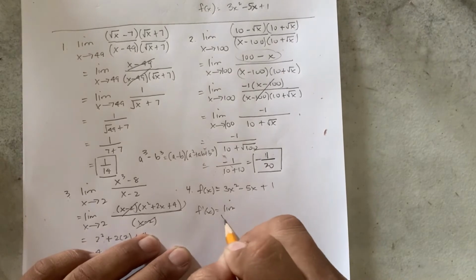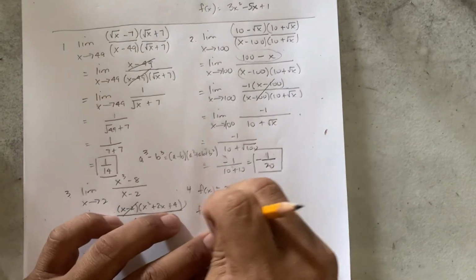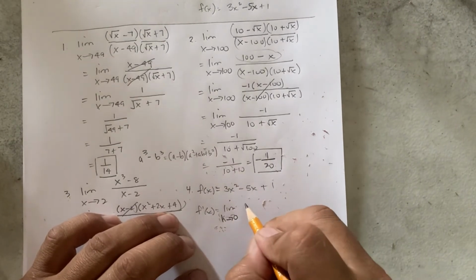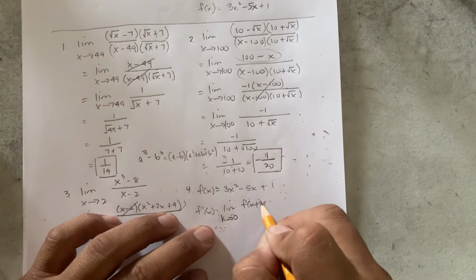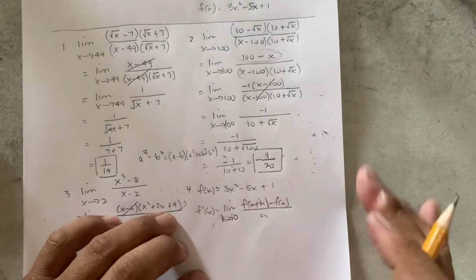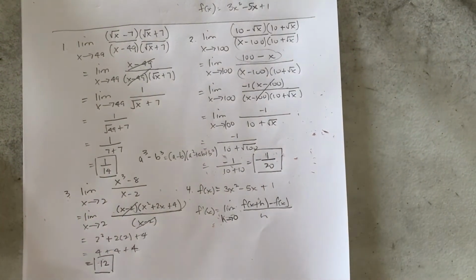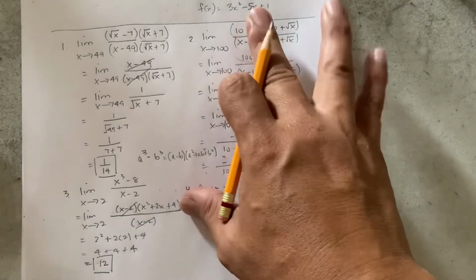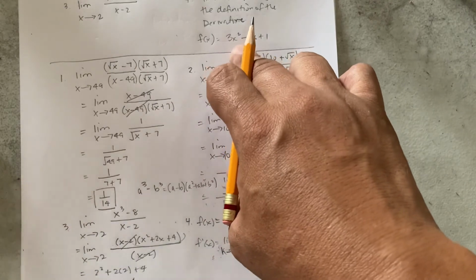The limit as h approaches 0 of f of x plus h minus f of x over h. So I'm going to use that limit to find the derivative for f of x right there.